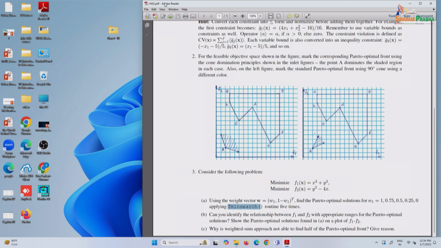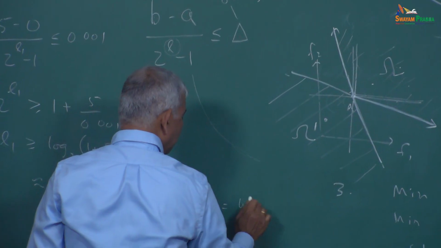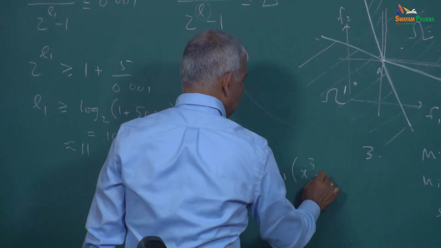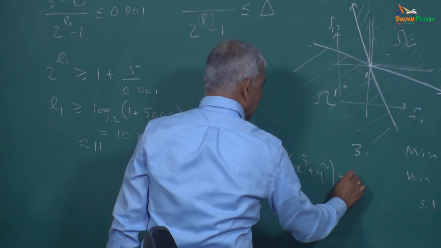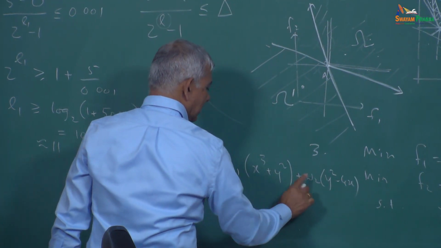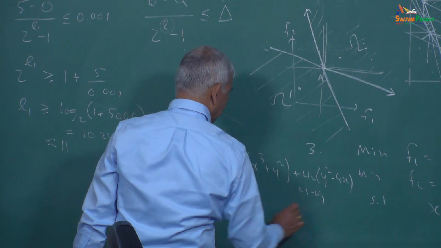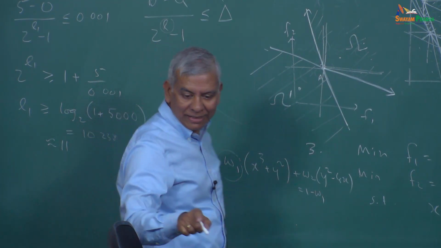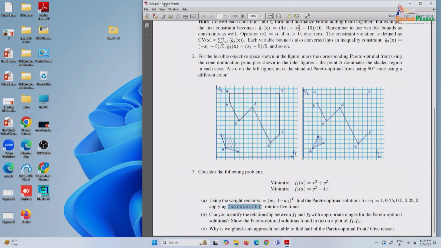So how do you do weighted sum? The weighted sum objective is going to be, if you use W1, W1 times (x cube plus y square) plus W2 times (y square minus 4x), and W2 is equal to 1 minus W1. So you choose W1, and I've given you 5 values: 1, 0.75, 0.5, 0.25, 0.